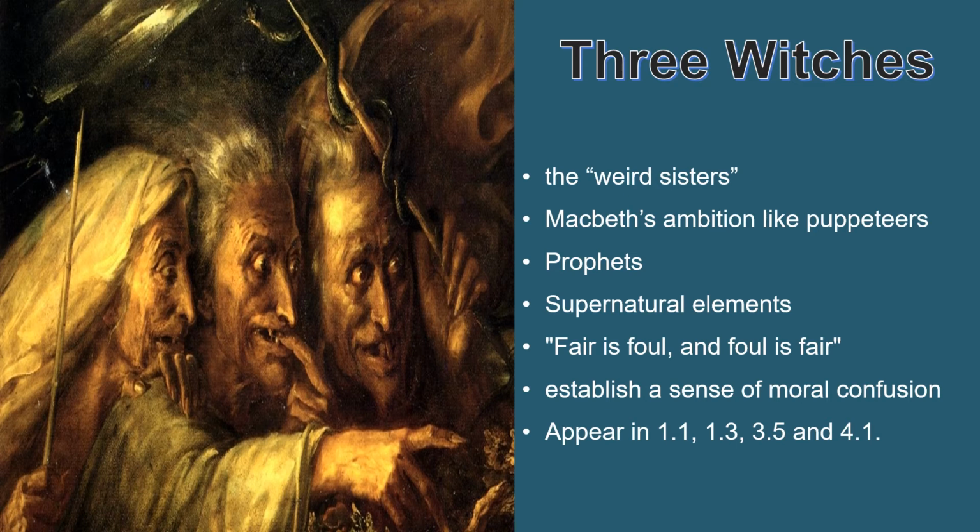They appear three times in the play. The first time, in the first scene, and especially in the last third act, they warn Macbeth of his death. It's the most important scene also.